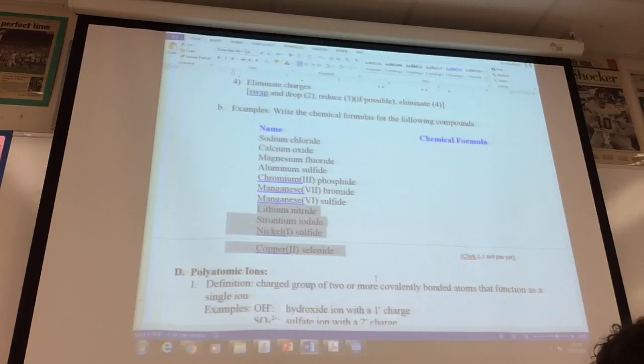And be careful, only from group 14 for sure do you need Roman numerals, for tin and lead. Aluminum's always 3 plus, no Roman numeral. Tin and lead are either 2 plus or 4 plus, so they do need Roman numerals.